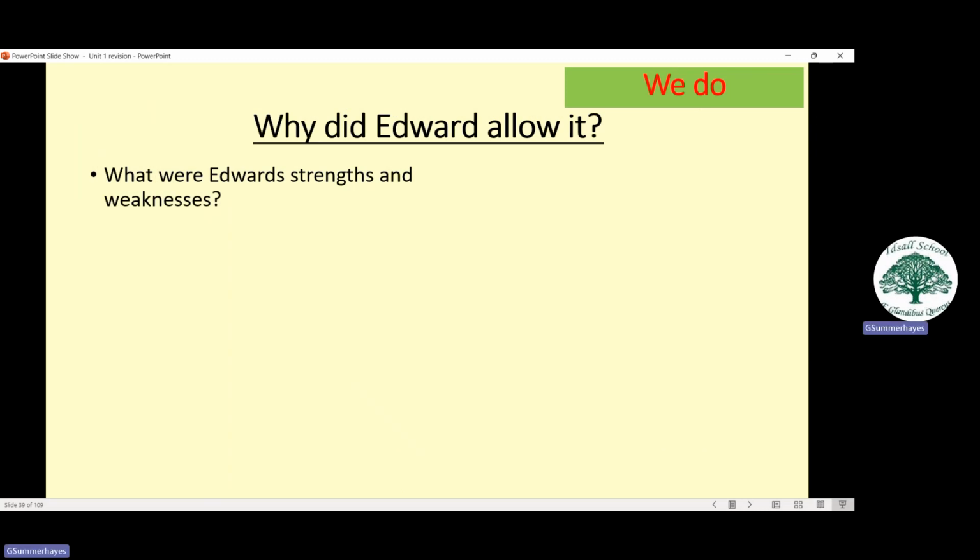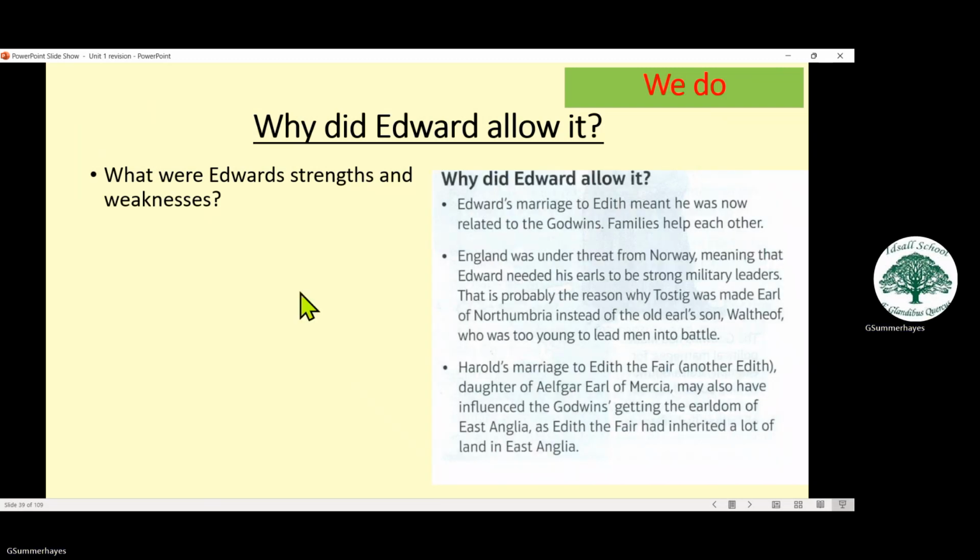So they were becoming incredibly powerful. Edward had no choice to allow it, really. He was related. He was in the club. They were under threat from Norway, as per usual with the Vikings. So having Tostig as the Earl of Northumbria gave him a strong power base up there. And whereas Harold defends the south coast, Tostig can now defend the north east coast.